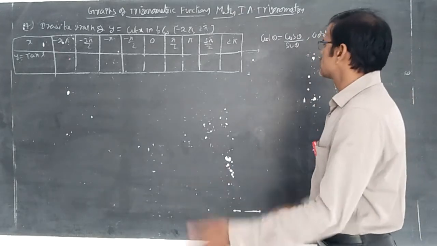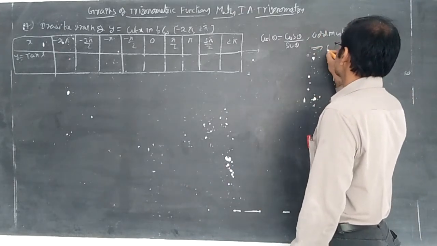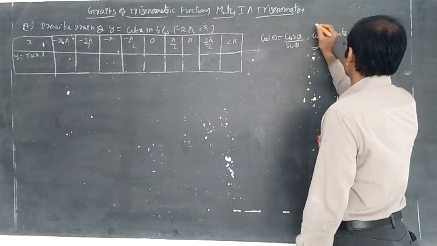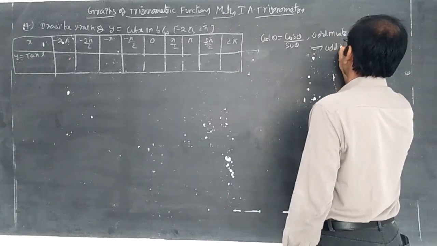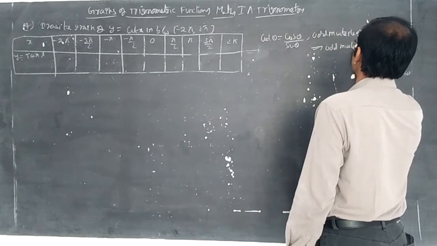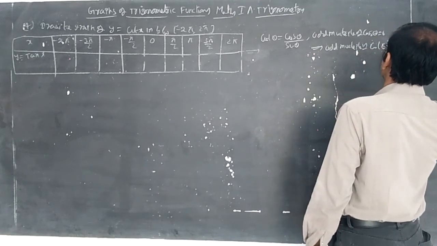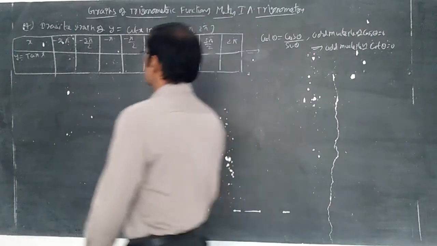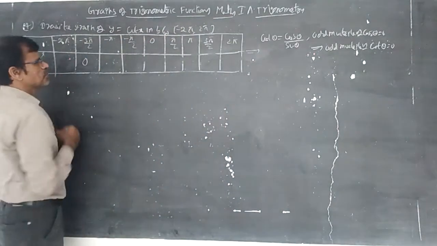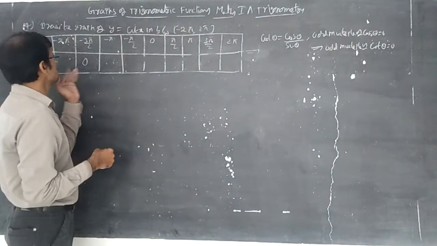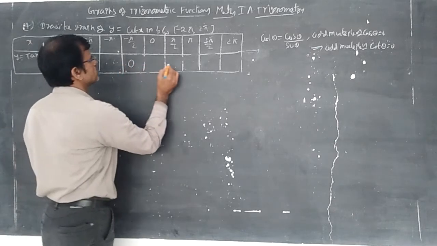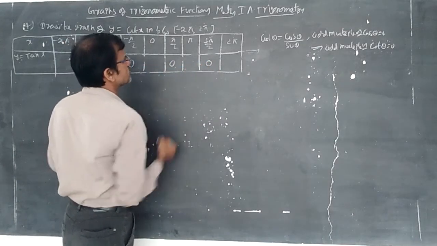So cot of an odd multiple of pi by 2 is also 0. So put here, 3 pi by 2 is an odd multiple, there is no question of minus or plus, it is 0. This is 0, this is 0, this is 0.